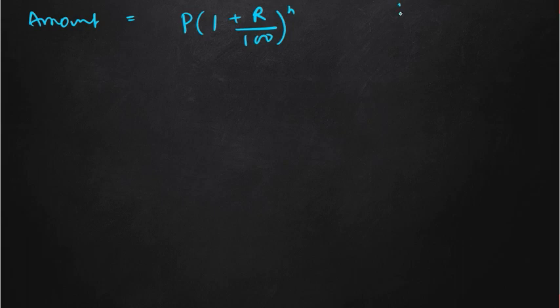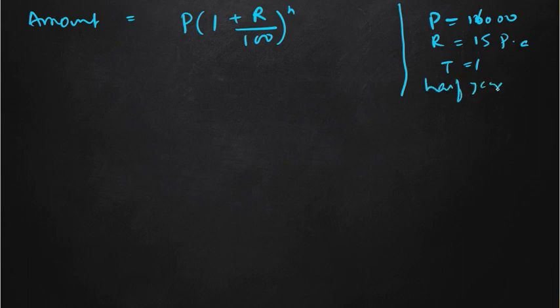But one thing, if you don't want to change, that is principal was same, principal was our 16,000 and rate is our 15% per annum and time is our 1 year. If you don't want to change, then for compounded half yearly, we have another formula.